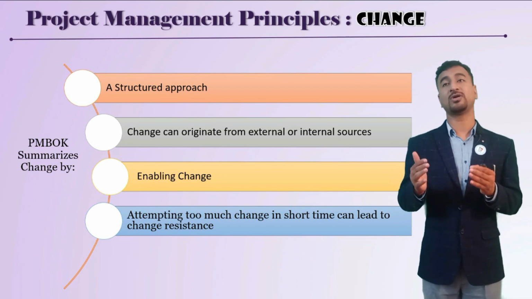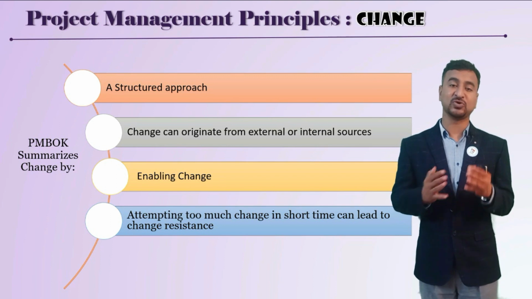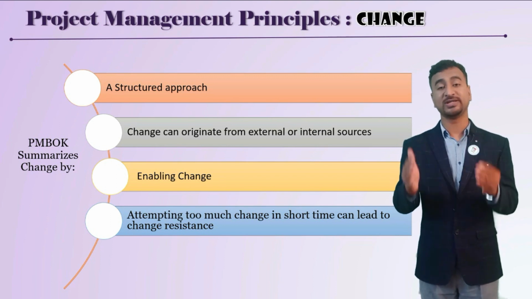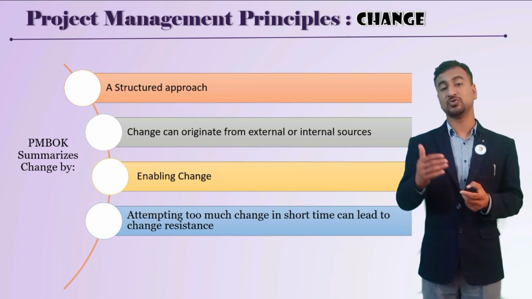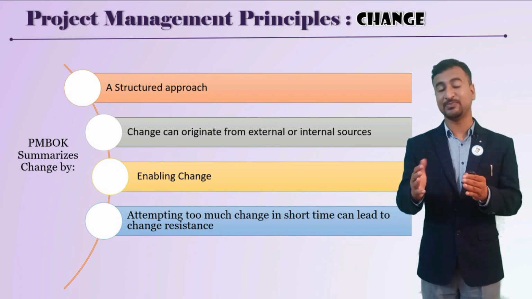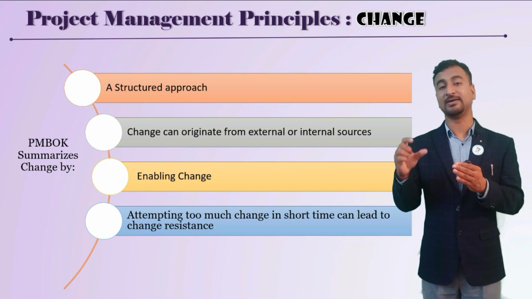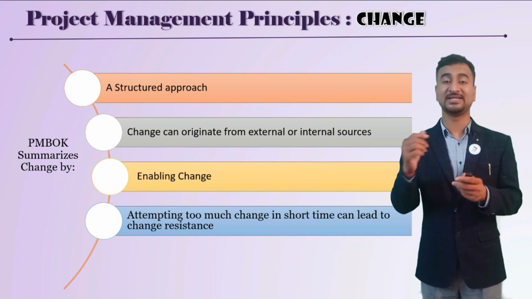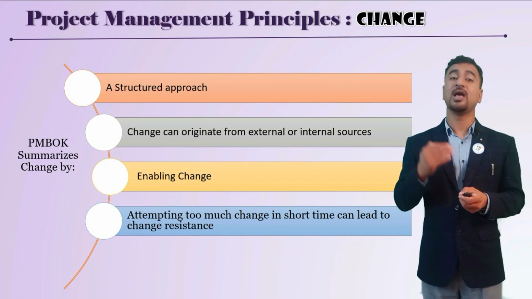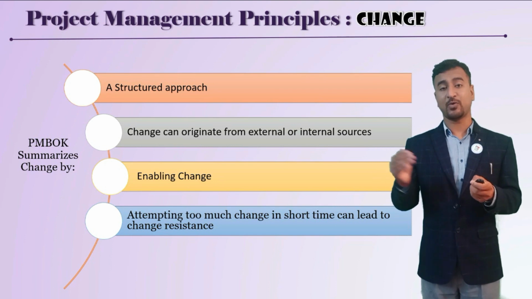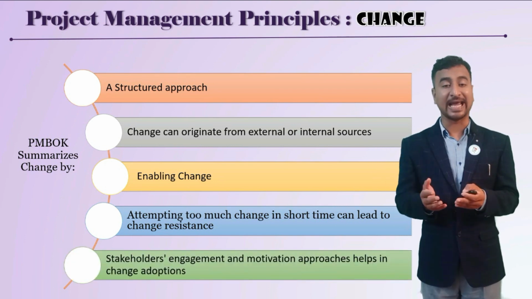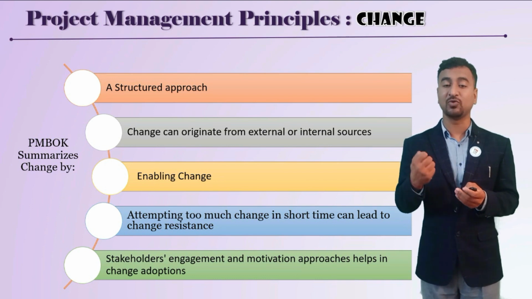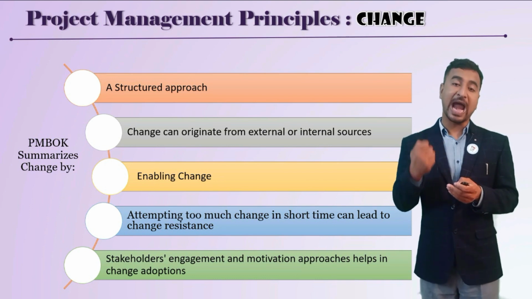So you should not adopt a big bang approach in which we try to adopt all changes in one go. We should go with an incremental approach. Incremental is the best, where you take small steps for correction and change in a proper time duration. And finally, stakeholder engagement and a motivation approach help in change adoption.